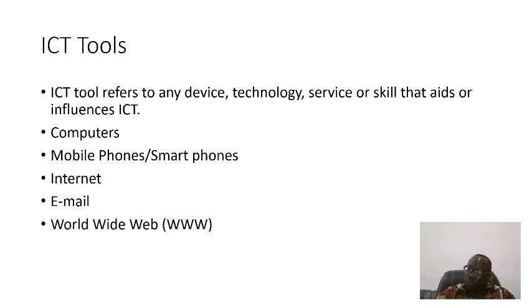World Wide Web is also on the internet. It's a technology that enables documents to be interconnected. You click on this document, it sends you to another document, you click on that. That kind of interconnectivity forms what we call World Wide Web. And they are all tools that help in the use of ICT.